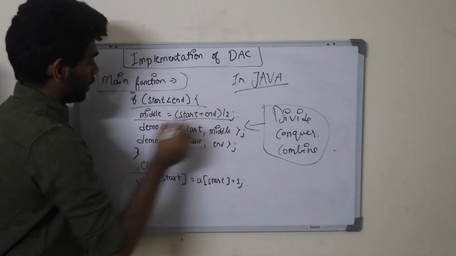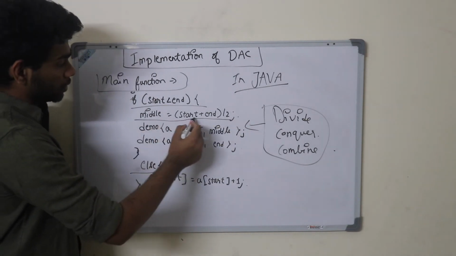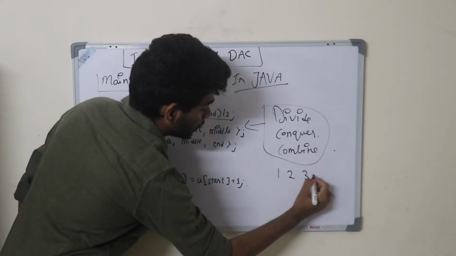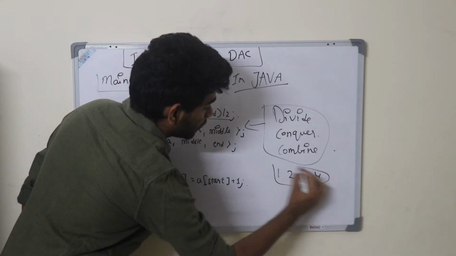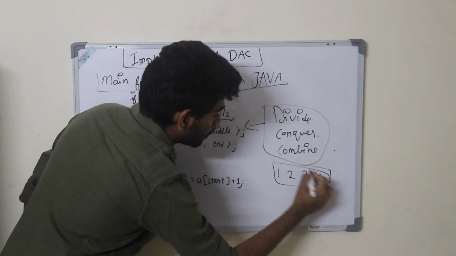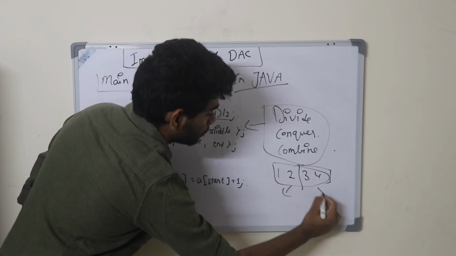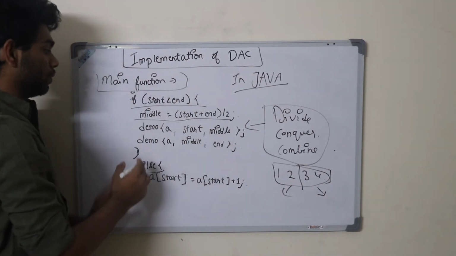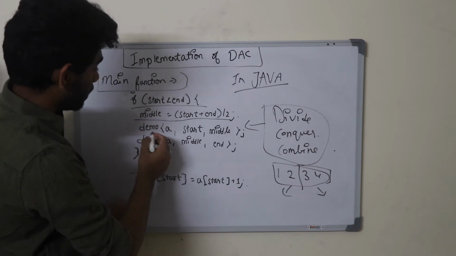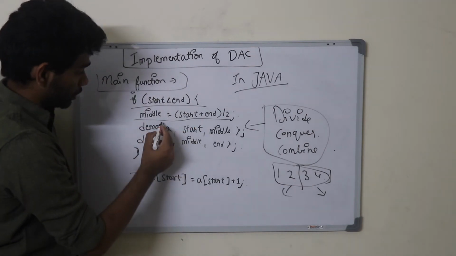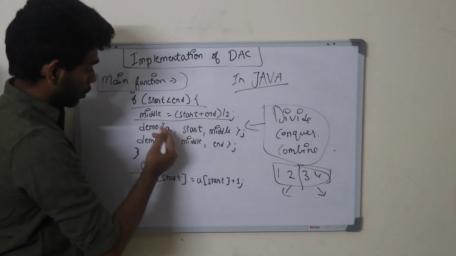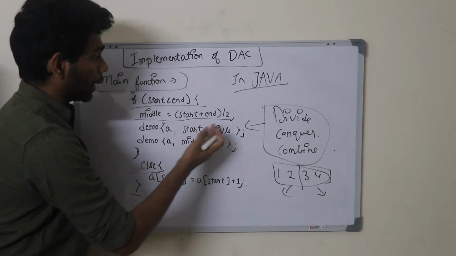So middle equals start plus n divided by 2. Basically, when we have an array 1 2 3 4, we first divide it into 2. So the first step, divide, is over. For the conquer step, we call the function on A, start, middle.